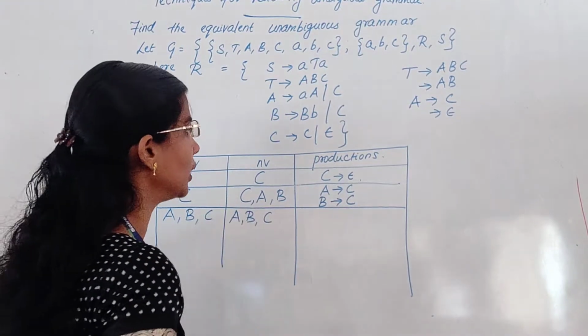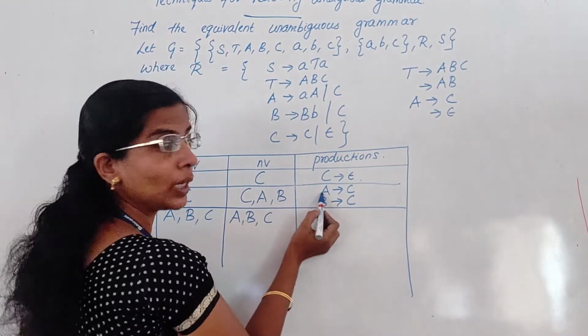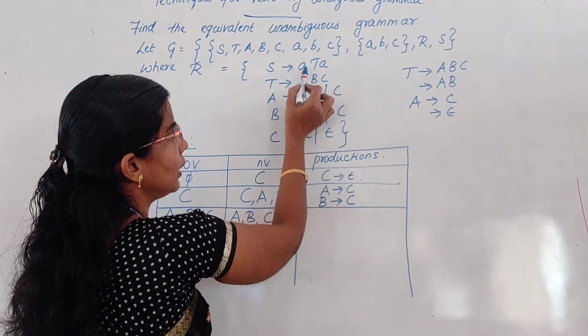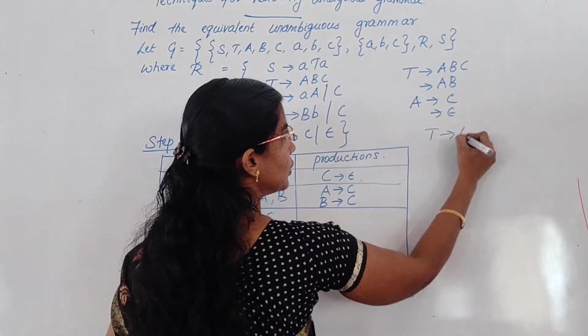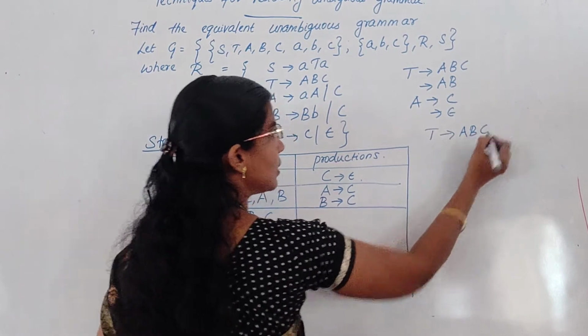So check for the variable A. Here I have T tends to A, B and C.